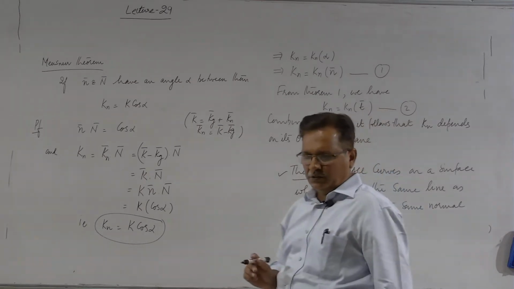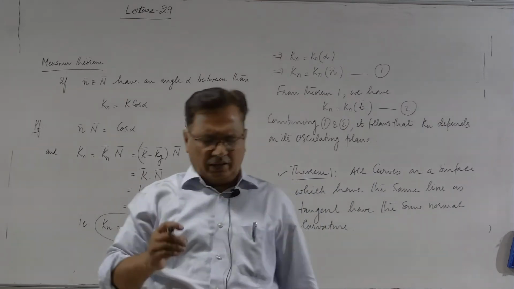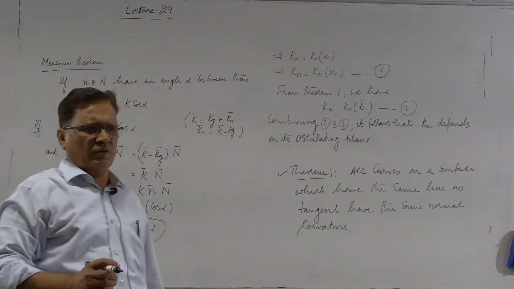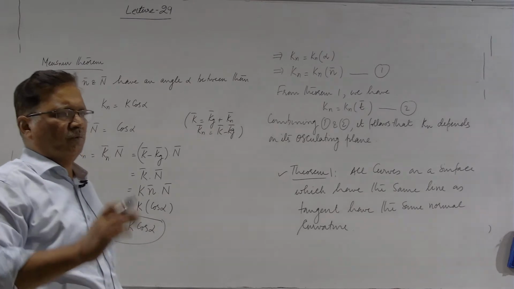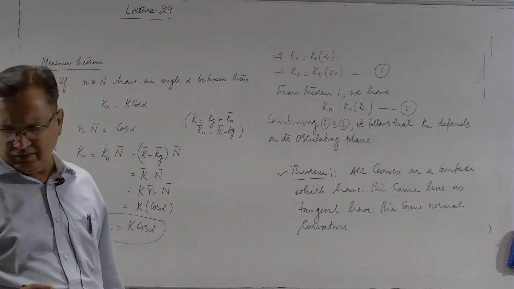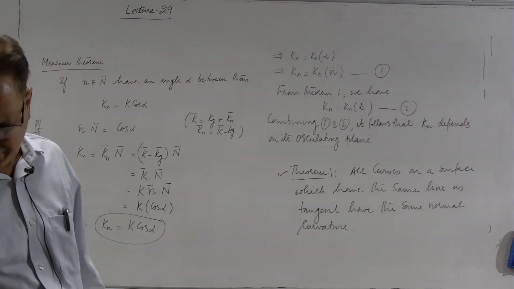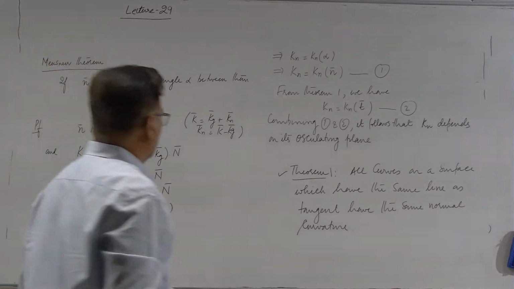In other words, all the curves over a surface at a point which have the same osculating plane will have the same normal curvature. All right.